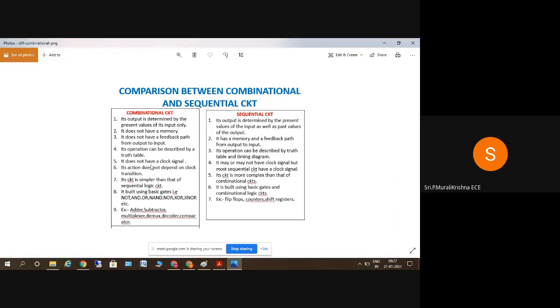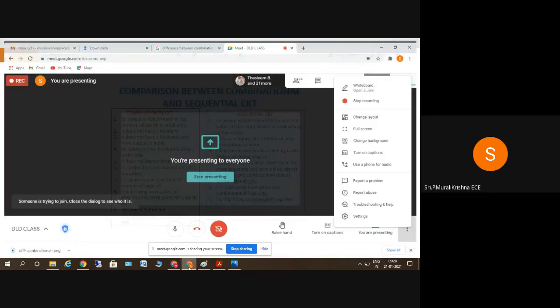Okay, just an analogy drawn between the timetable and your clock signal. The clock signal is a signal which consists of a train of pulses, the pulses having ones and zeros, highs and lows. That is given to a circuit and operations depend on these clock signals. In case of combination circuits, we don't have any clock signals here.